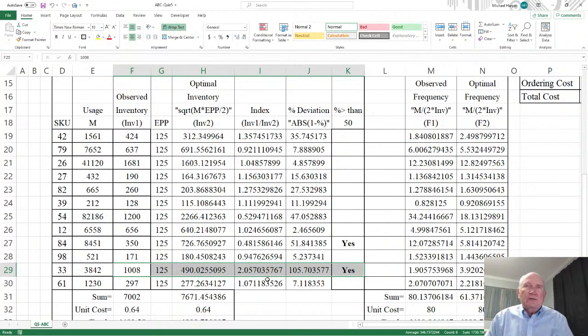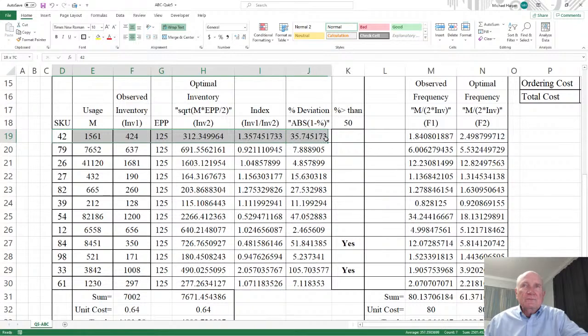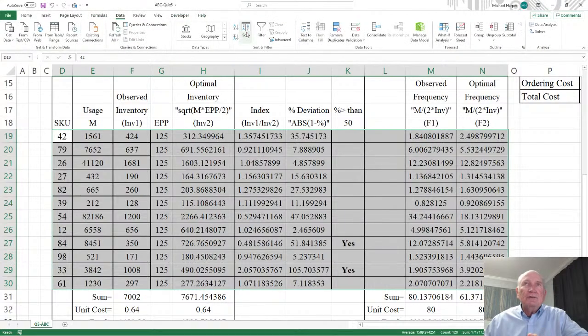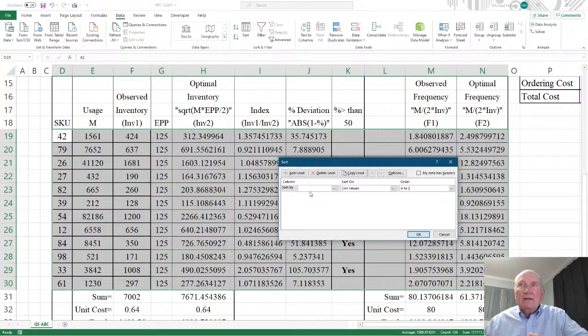And so another thing you could do is simply take these SKU numbers. Let me go ahead and take all of this, okay, and then I can sort it on the indexes. Okay, I want column I here. I can go to Data. I can do Sort. I don't have headers.